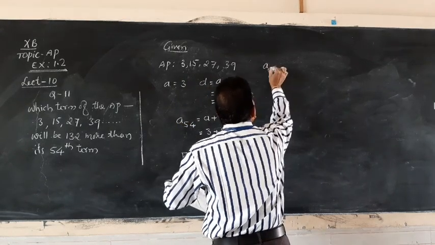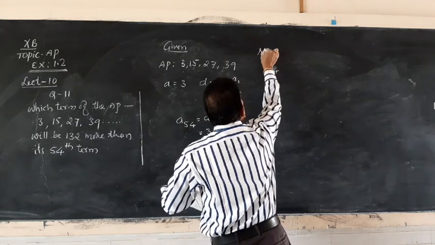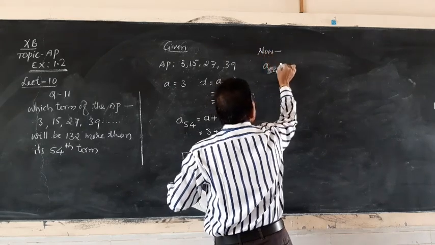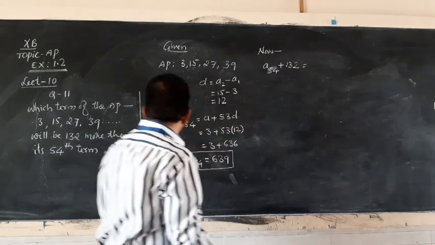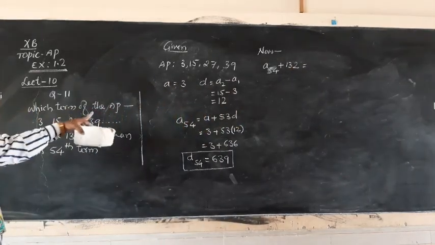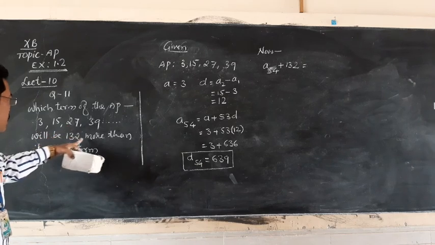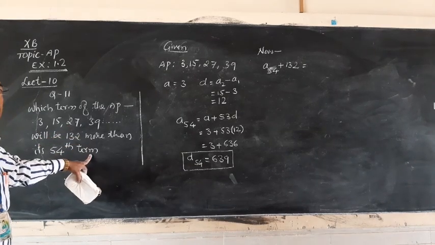Let us find the term. From here we got this statement: which term of the AP will be 132 more than the 54th term?